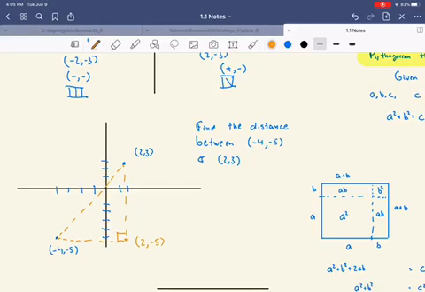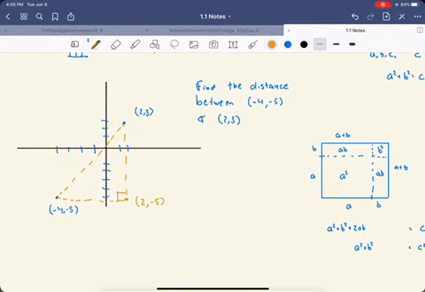So for the Pythagorean theorem, we have to ask ourselves, what's the distance between -4 and 2? The key point is to realize the distance between -4 and 2, how far away those are, is simply 6.